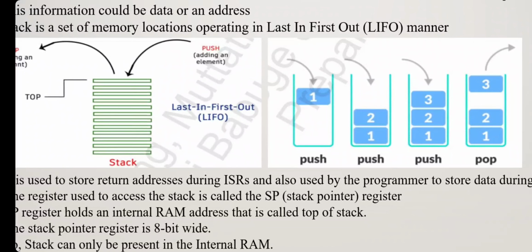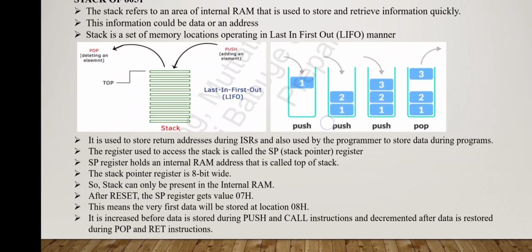When we push, we add one data, then we add a second data, which is placed over the first data. Then we add the third data. This is called pushing. Then when we take out data, that is called pop. If the last value is 3, we take 3 first. So taking out is called pop.